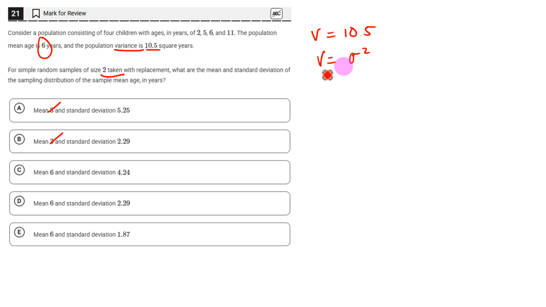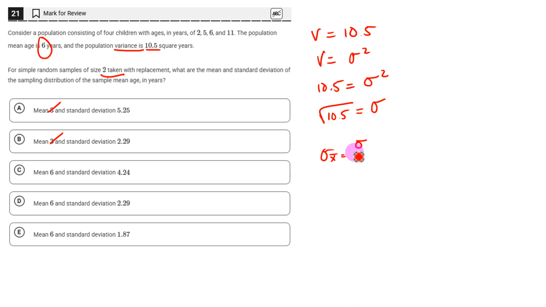And our standard deviation is going to be, 10.5 would equal the standard deviation squared. So the standard deviation is actually the square root of 10.5. And for that, so now we need that divided by our sampling distribution.